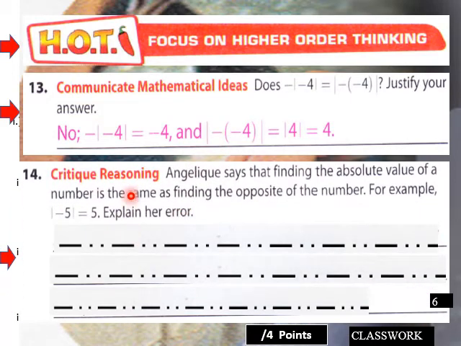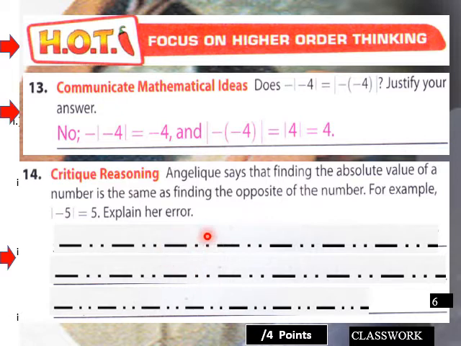And our next question here: Angelique says that finding the absolute value of a number is the same as finding the opposite of the number. For example, the absolute value of negative 5 equals 5. Explain her error. Teachers, give your students about 5 minutes to write complete sentences here.